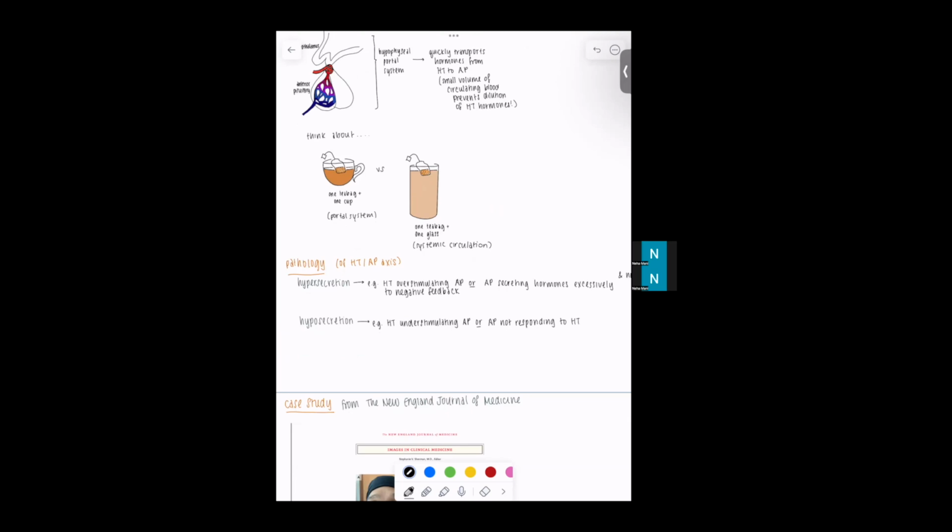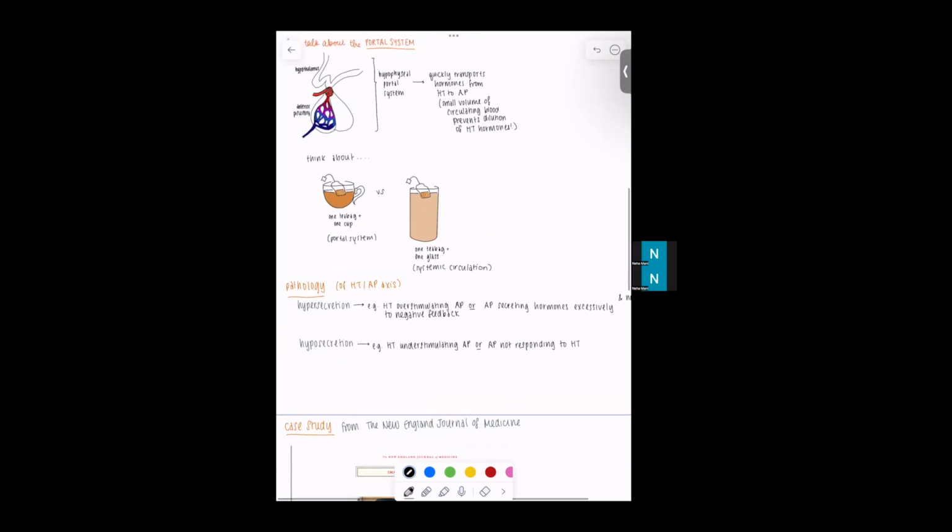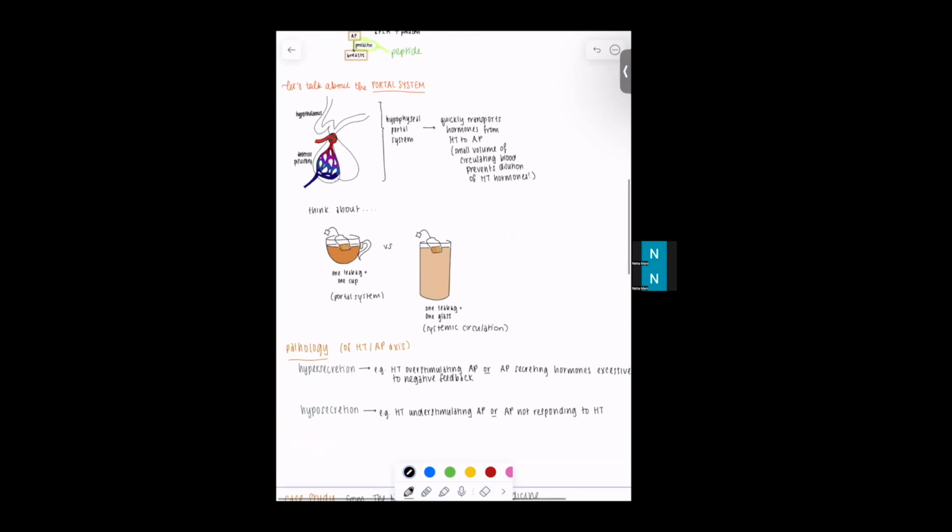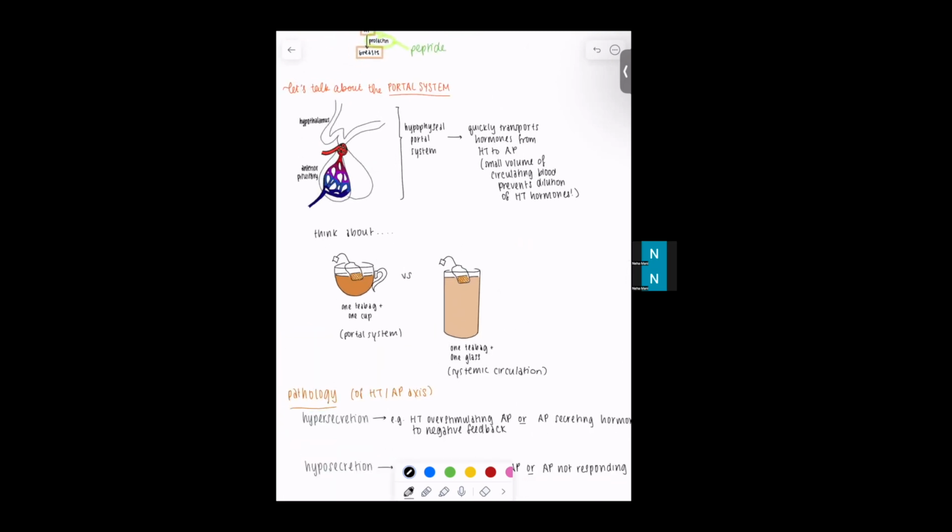There are obviously nuances to the physiology that are beyond the scope of the video, but this is a brief introduction to why we have a very unique portal system, and we have portal systems in other parts of the body as well. This is not the only portion of the body where we have a portal system, but this is a very critical one given the diverse numbers of hormones and signaling pathways that both the hypothalamus and anterior pituitary partake in.